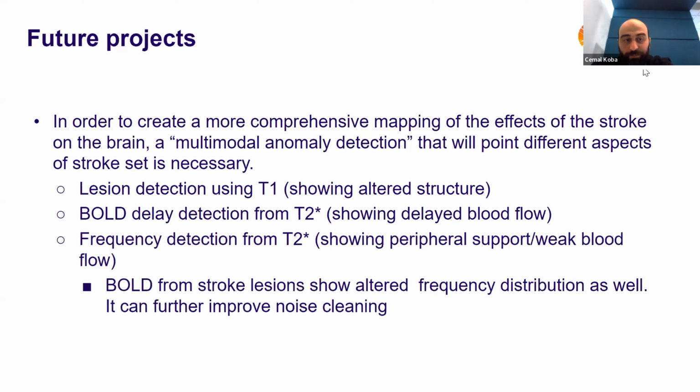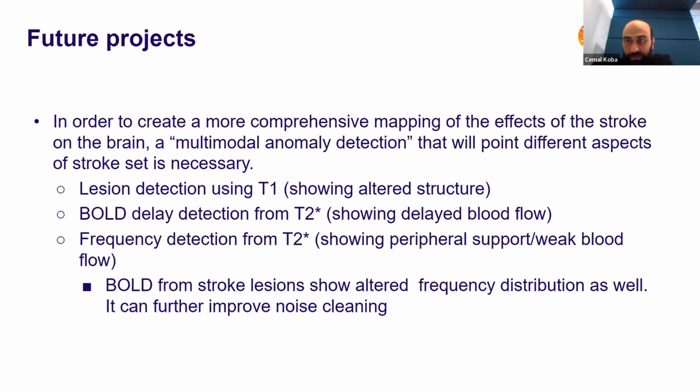And another important point is frequency detection. There is another aspect of these functional signals, the anomalies in the functional aspect of stroke, which is frequency. The fMRI signal is not only affected temporally, but it is also affected in the frequency domain. There is only one study showing these differences.